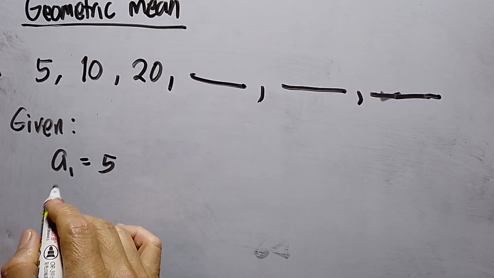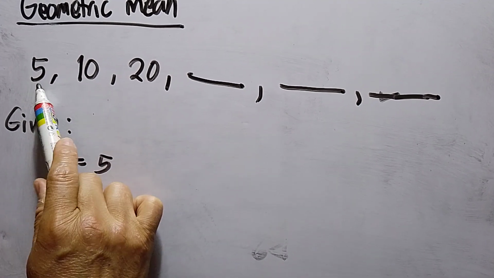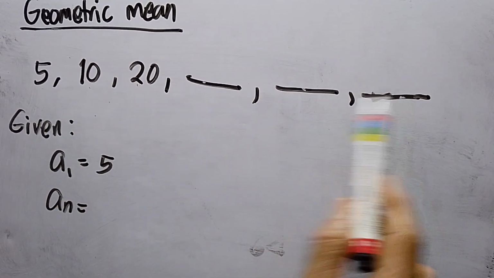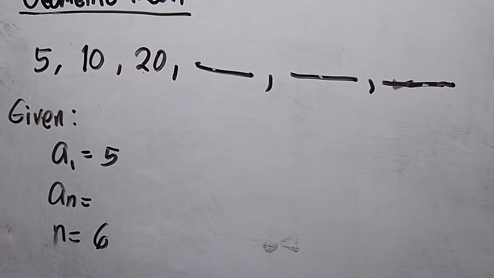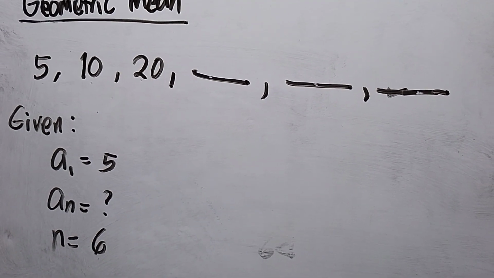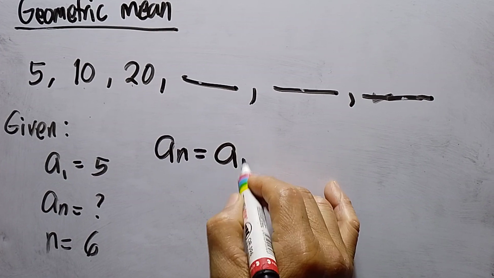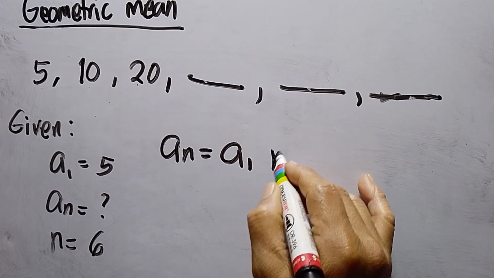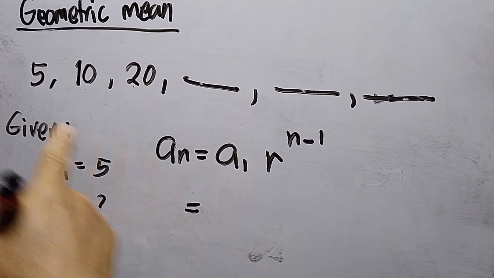And then I don't have A sub n, but I have the terms 1, 2, 3, 4, 5, 6. So n equals 6 terms. An is unknown. Then I have to use this formula. An is equal to A sub 1 times r raised to n minus 1. So this will be A1, that is 5.